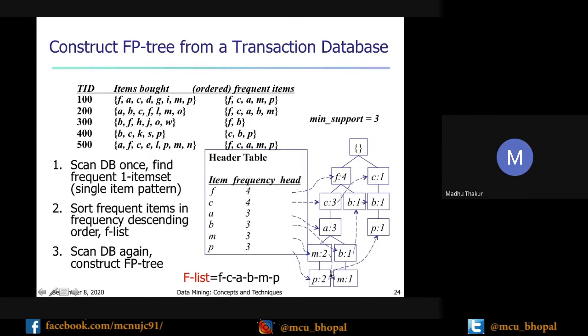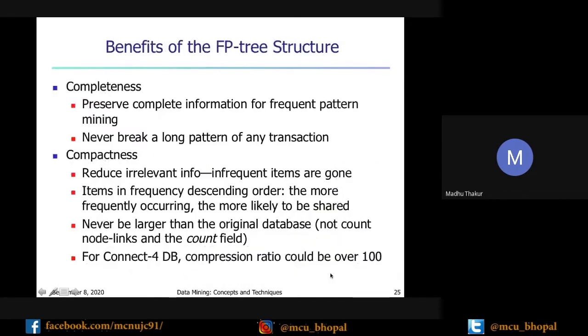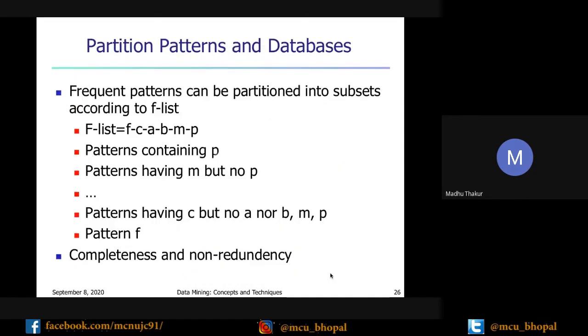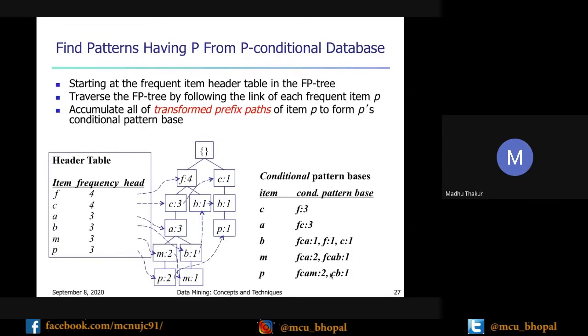With the help of this tree structure, you can generate all frequent item sets. That is called the conditional pattern base. For every item, you have to generate the conditional pattern tree, and with the help of this tree you can generate all frequent item sets.